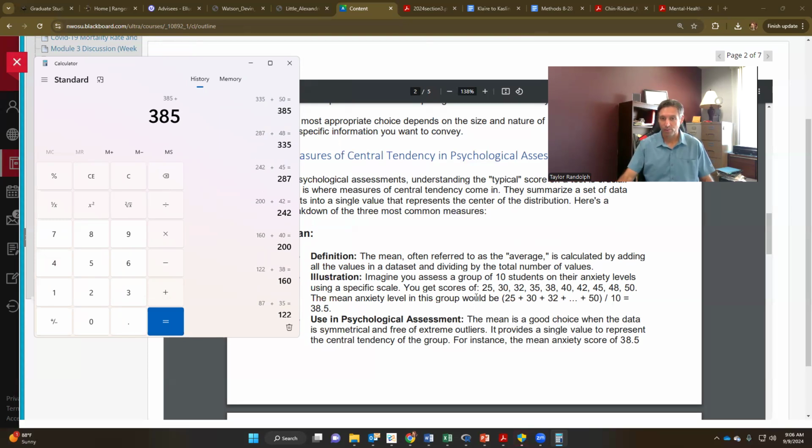If you count these up, 1, 2, 3, 4, 5, 6, 7, 8, 9, 10. You divide that by 10, and you come up with 38.5. That is the mean, that is the average of all of these anxiety scores for 10 students, 38.5. And so that's how you just determine mean. It's pretty simple. Hopefully you believe it's simple.